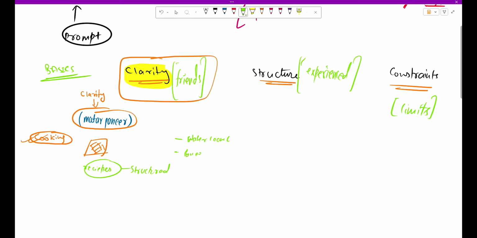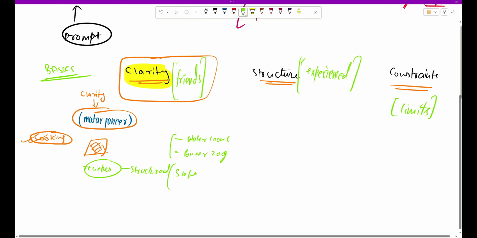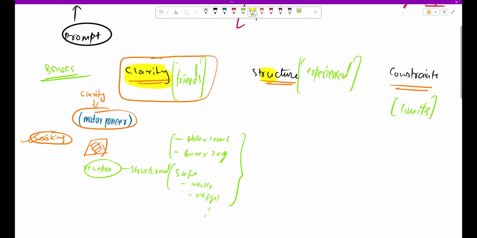Paneer needs to be 220 grams, let's say 200 grams or so. It has steps as well. Apart from the ingredients, it has steps. First add water, then add veggies, and so on and so forth. Okay, this is called structure. What structure helps is the prompt that follows a clear pattern.